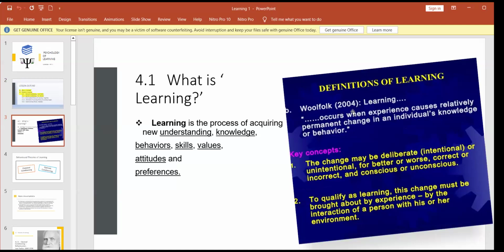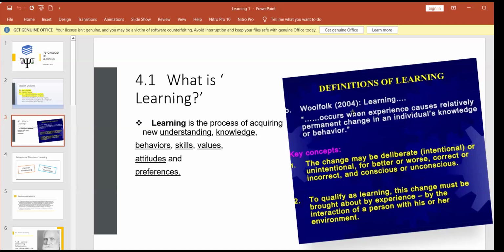But still, according to Woolfolk 2004, learning is something that is very difficult to define, because it's very broad. You can look at learning from very many angles, very many ways, focusing on different aspects.